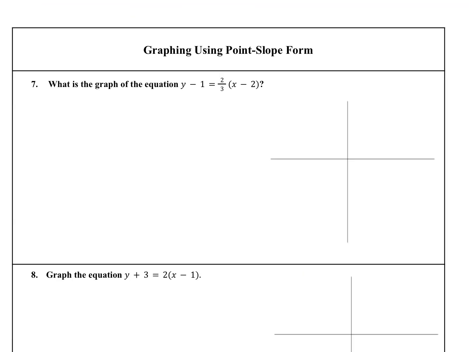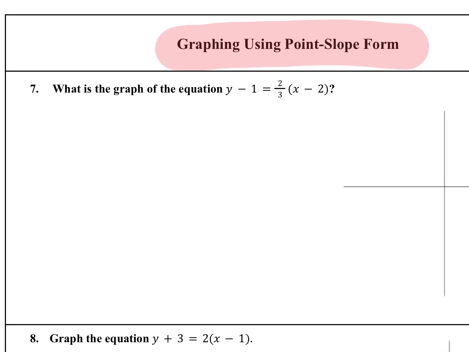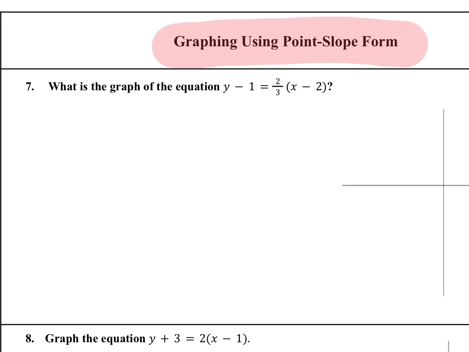Graphing using point-slope form. What is the graph of the equation y minus 1 is equal to 2 over 3 times (x minus 2)? Look at and understand the steps carefully.